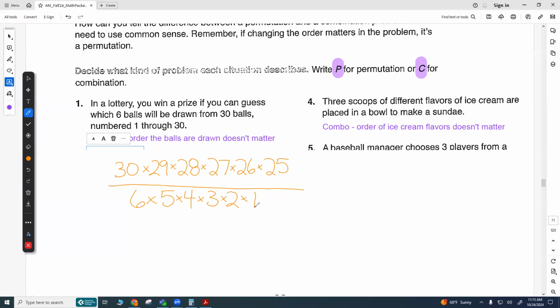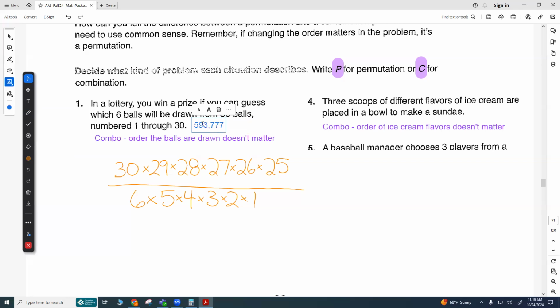So there are 593,775 possible orders that the 6 lottery balls could be drawn. Is that what you got again, Rob? Yes, okay, good.